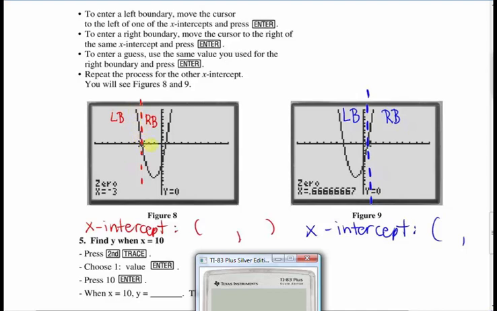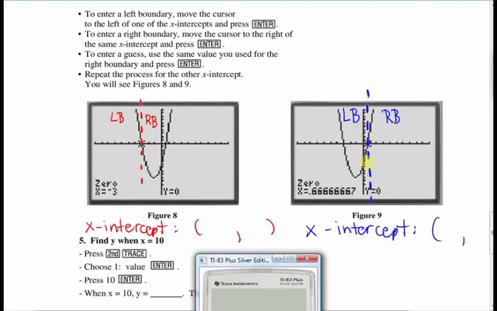To the right of your x-intercept, the graph is below the x-axis, so this bottom part here is your right bound.